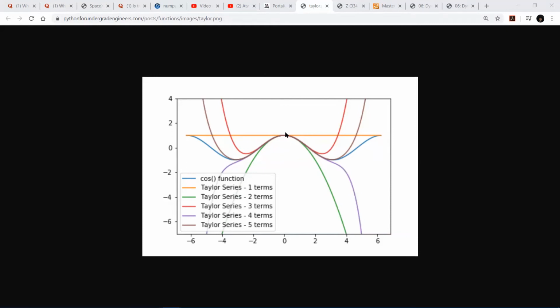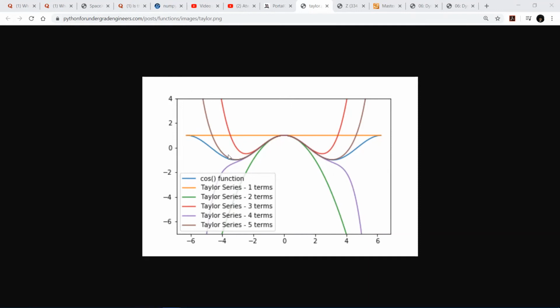Cosine of x can be written as 1 minus 1/2 x squared plus 1 over 4 factorial x to the 4th, etc. And graphically, what that means is, well, let's start with the very first term. I said cosine of x is equal to 1 minus x squared over 2 factorial plus, etc. That first term, 1, that's a horizontal line with a height of 1.